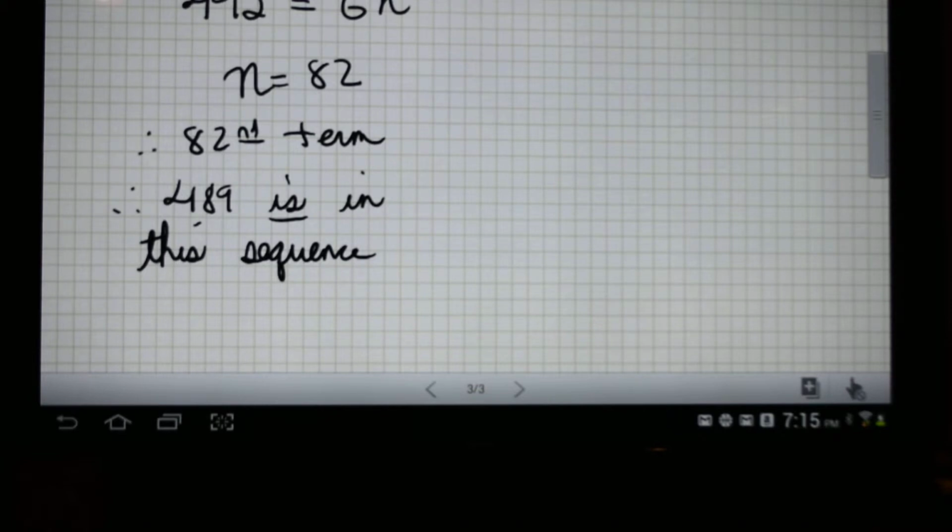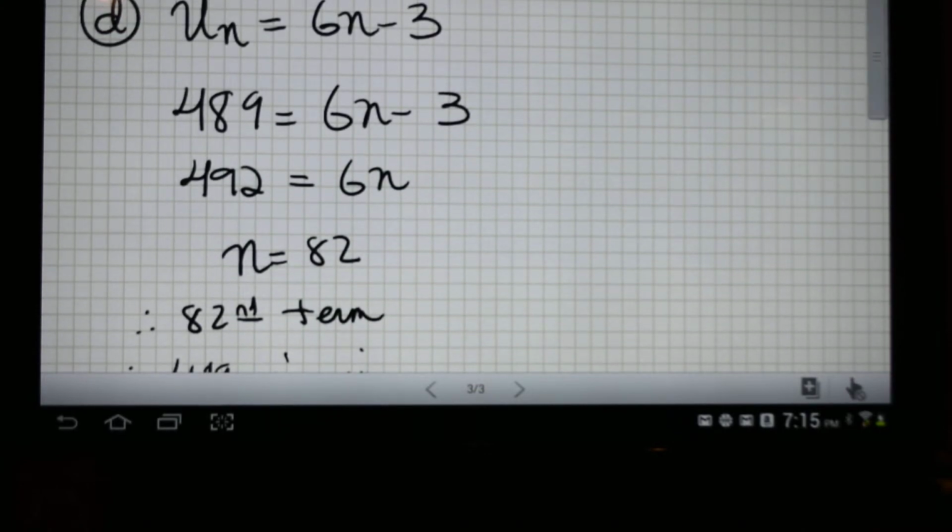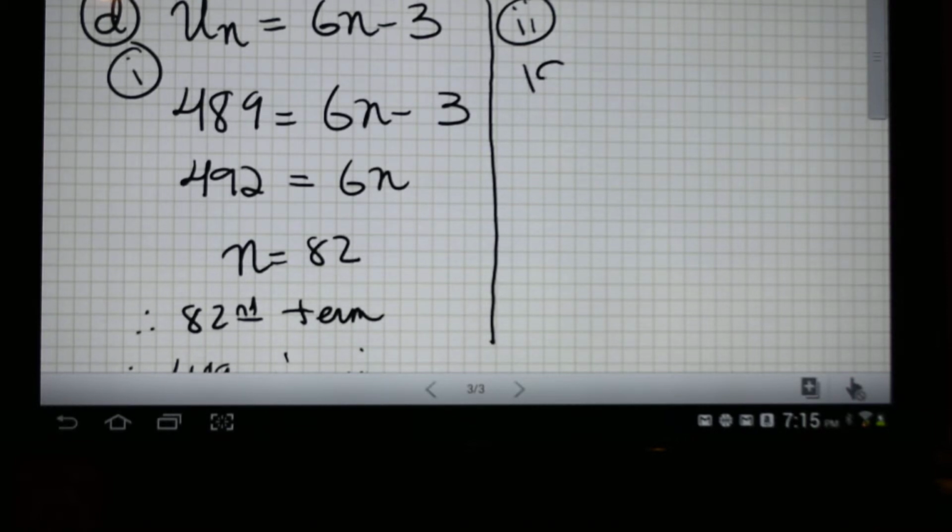Let me just do it on the other side. That was 1592. So 1592 equals 6n minus 3. Ooh, I don't think this is going to work out.